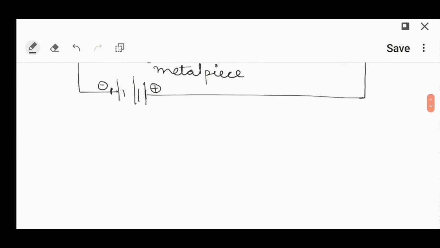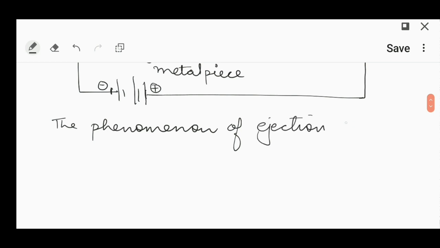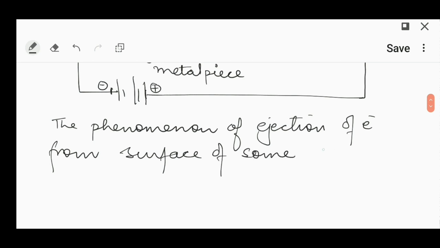So what is the exact definition of the photoelectric effect? The phenomenon of ejection or removal of electrons from the surface of some metals. Not all metals are able to eject electrons, only some metals.